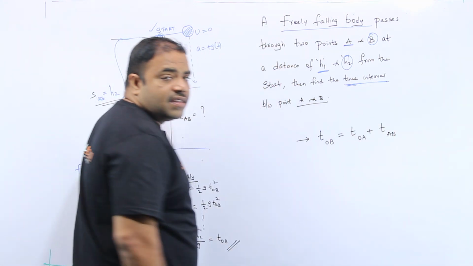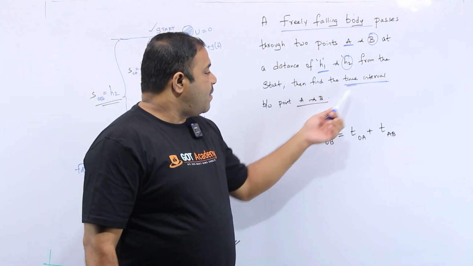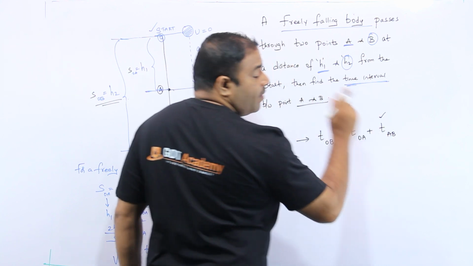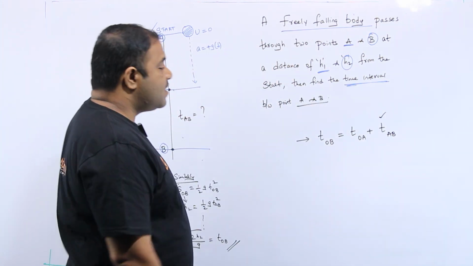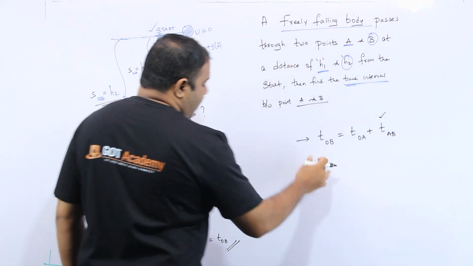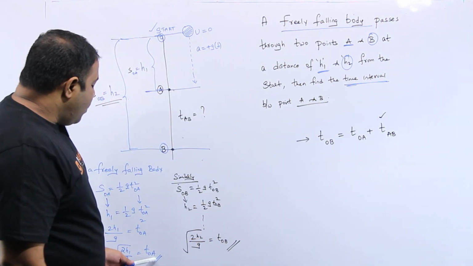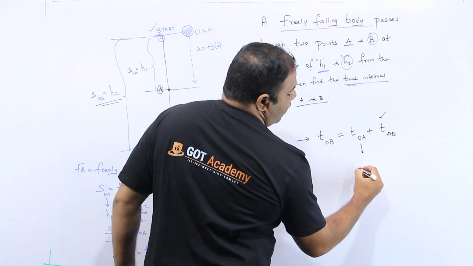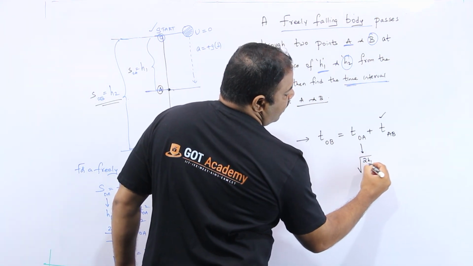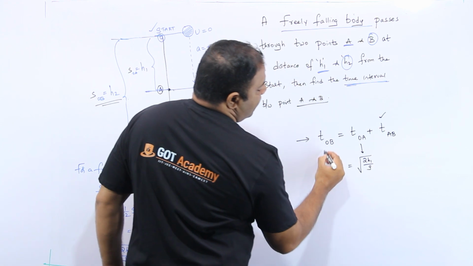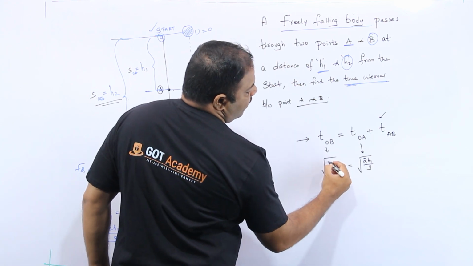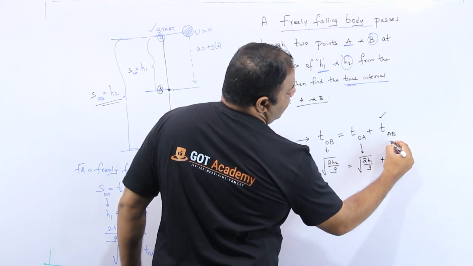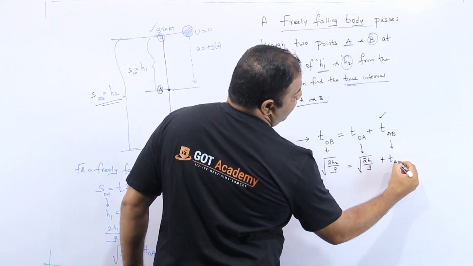My interest is that I have to calculate the time interval between A and B. So what is that? This one, the time from A to B. Okay, my dear children. Now let me substitute whatever I got here. So TOA is written as root of 2h1 by g. This part I got as root of 2h1 by g, whereas this part I got as root of 2h2 by g, equal to this part plus the time from A to B.